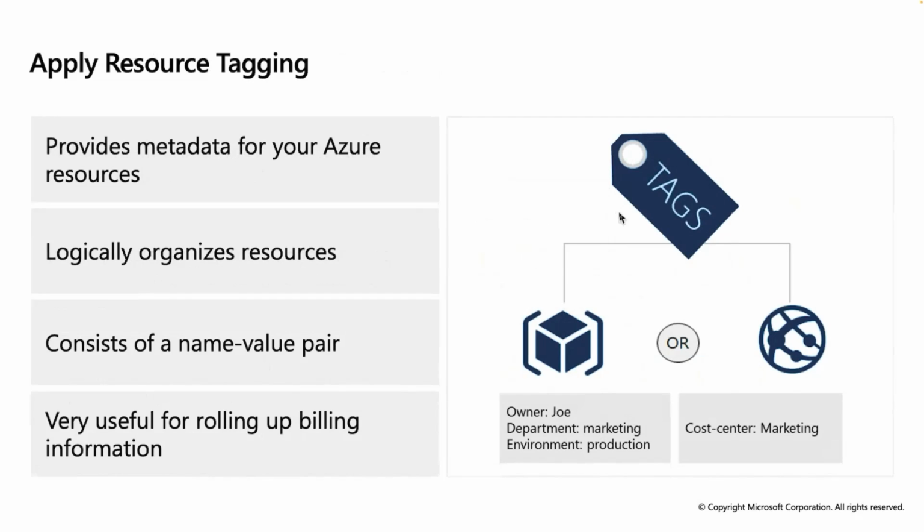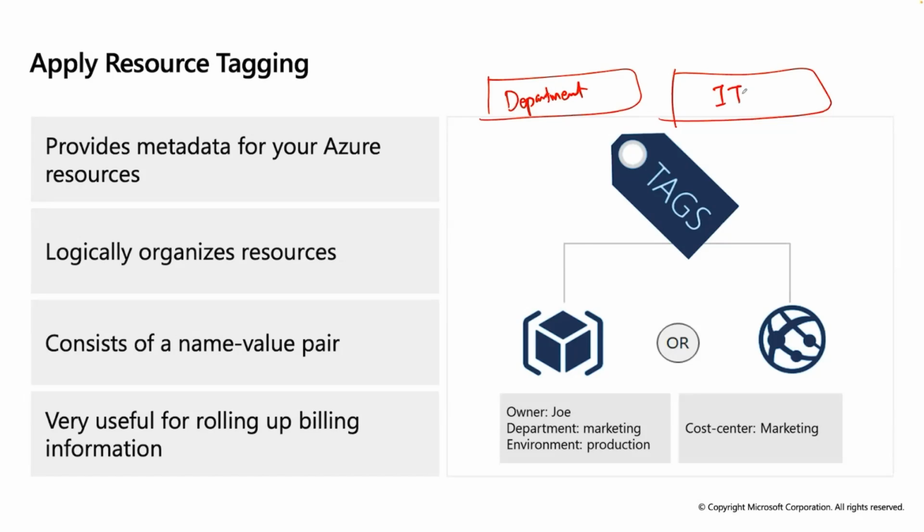Tags, very important for many purposes. It doesn't drive any more values apart from that, but it's a critical value it drives. So it's a key value pair. So you give a key, and then a value. The key could be, say, department, and then you can mention either IT or management or marketing and so on.